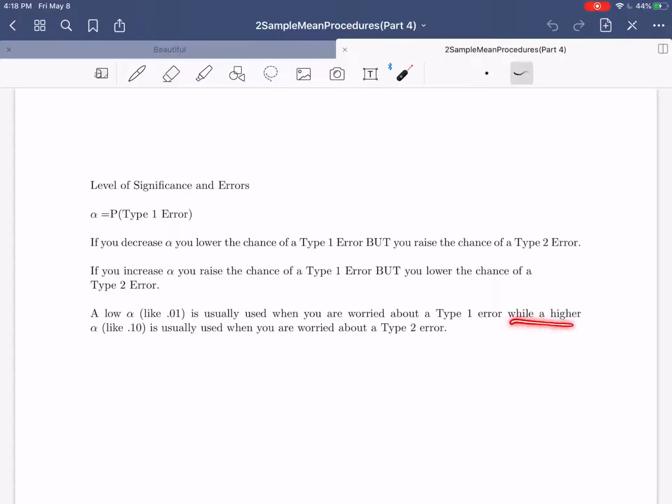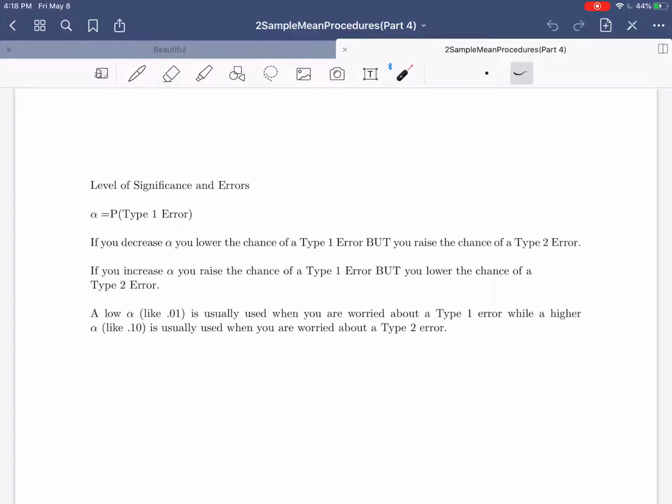While a higher alpha, something like 0.10, is usually used when you're worried about a type 2 error. So this again is why we're spending a lot of time in this class talking about and always interpreting the different types of errors. You can really limit your exposure to one of the two types of errors. So it's important to know what each type of error would mean, or what the impact of making that type of error would be, so that you know which type you want to try to avoid more of.